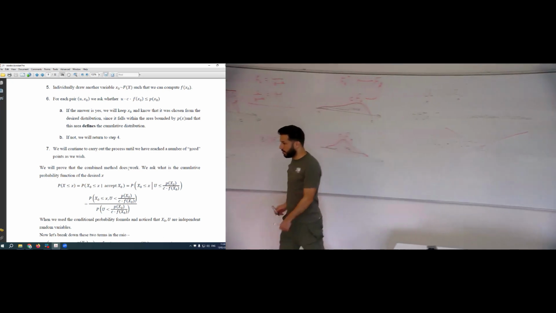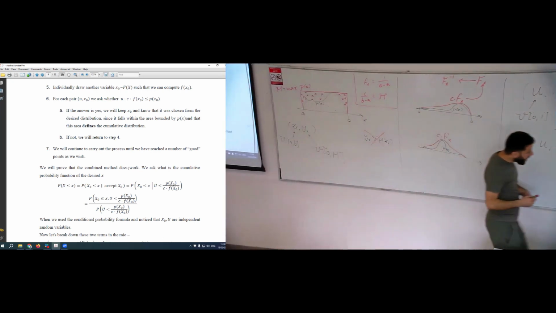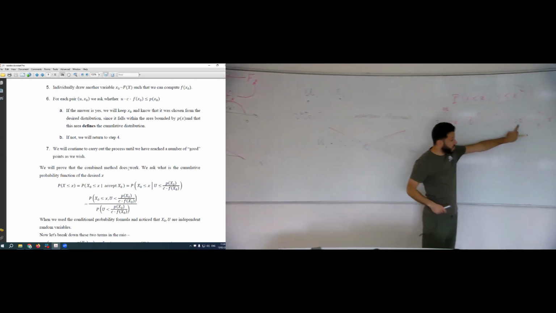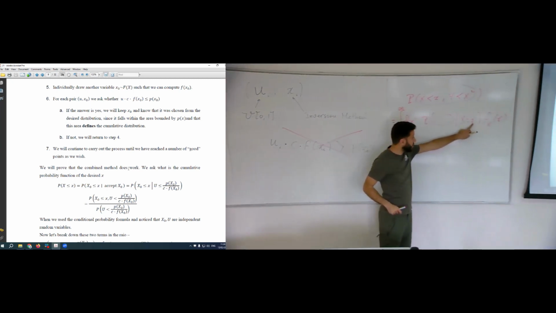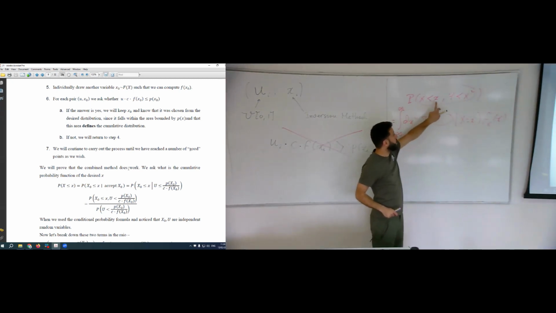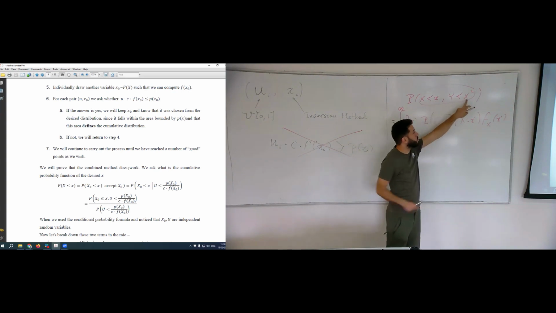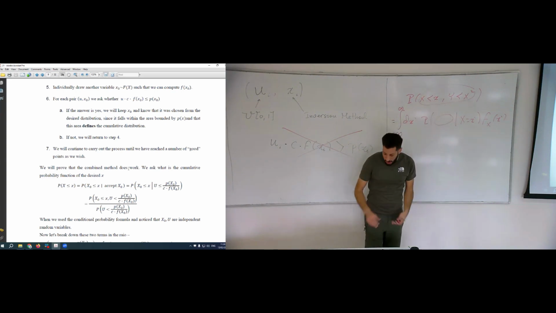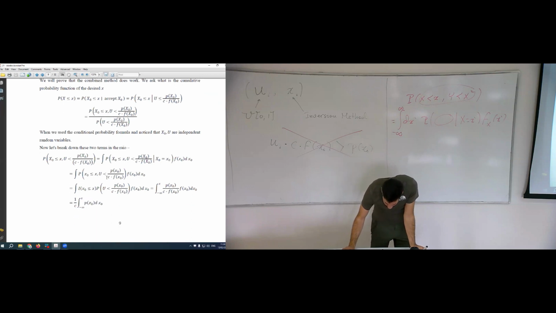Okay. And now when x is equal to x prime, now I can say here x prime, and the probability is the multiplication. And now these are numbers, not random variables.